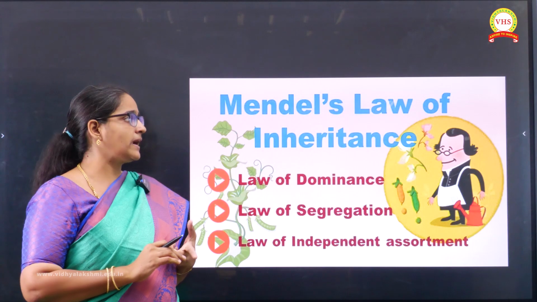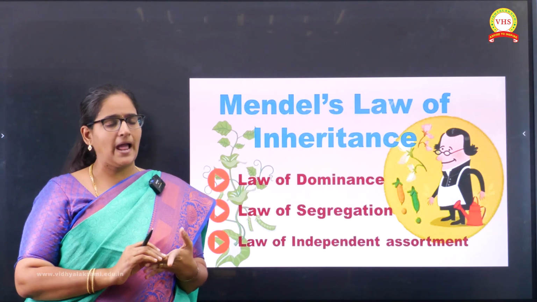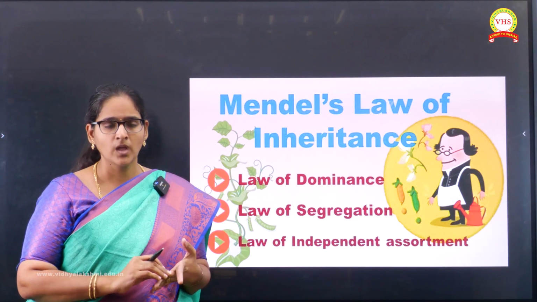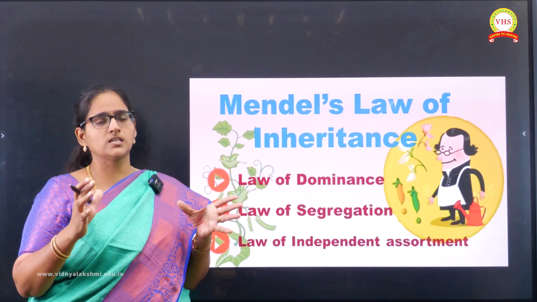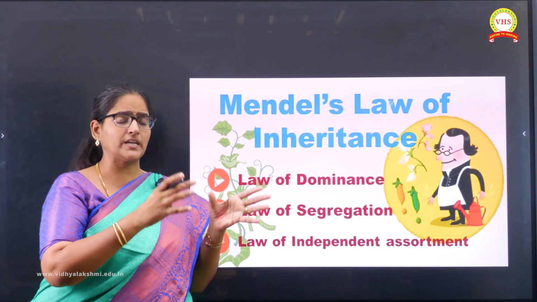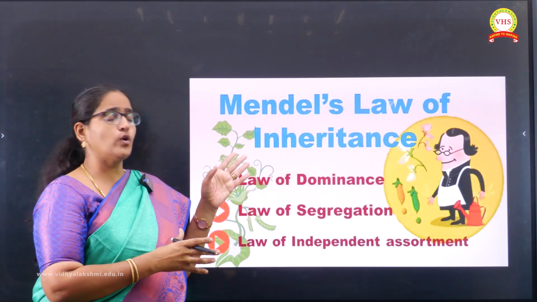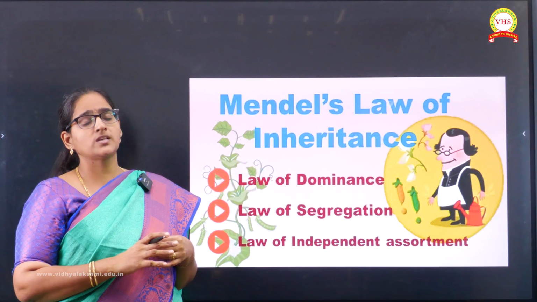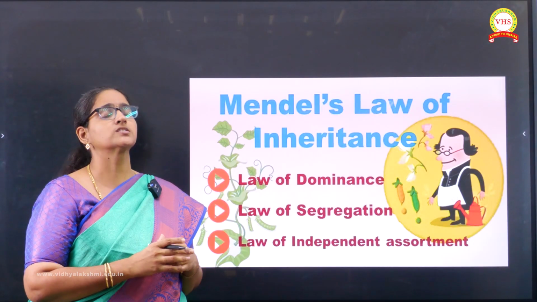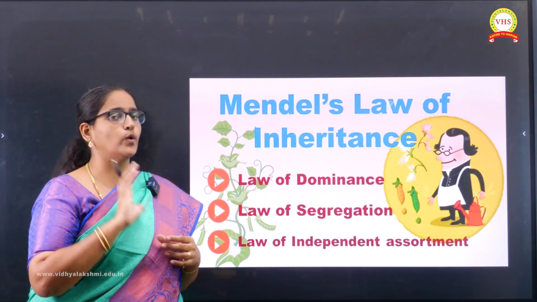Altogether, Mendel worked on this particular plant material called Pisum sativum. I told you all the reasons for selecting this plant material for his experiments, and the question of why Mendel chose the garden pea for his experiment is often repeated in your board exams.